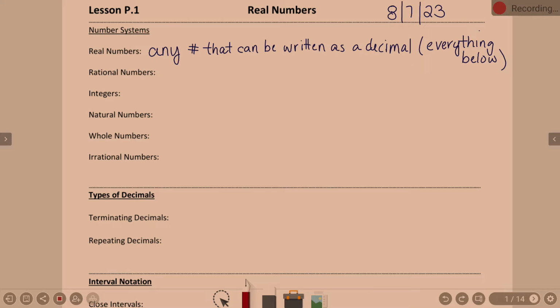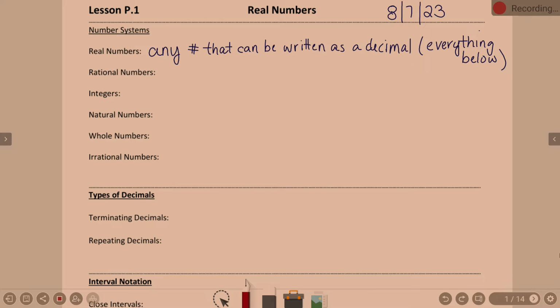Integer. A fraction? Now, rational numbers are going to include integers. Okay, integers fall under that rational number umbrella here. But rational numbers, I always say it's a number that can be expressed as a fraction. If you look in the book, it'll probably say any number that can be expressed as a ratio of two numbers. A ratio being a fraction, essentially.